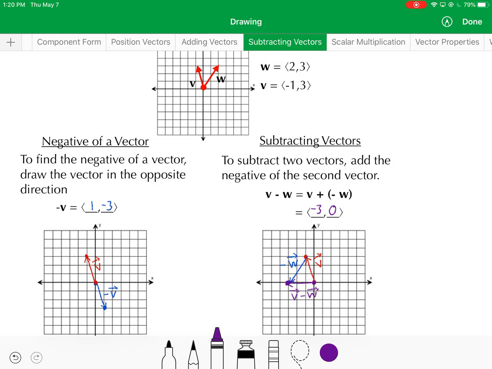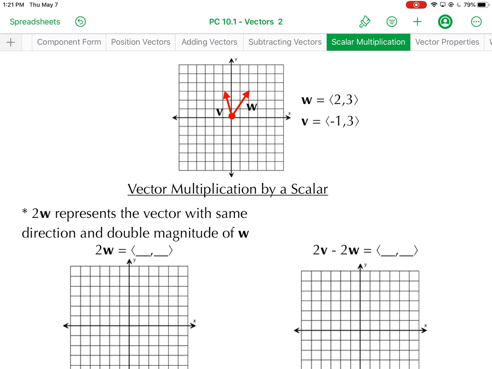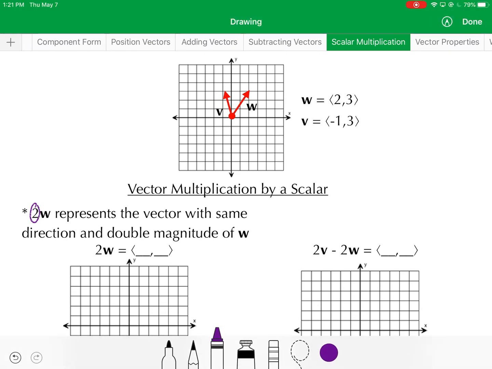Okay. All right, lastly, let's look at scalar multiplication. Okay. Again, same 2 vectors as the previous few examples. So let's say I ask you to find 2 times vector w. So first, let's understand this 2 is known as a scalar. Okay?